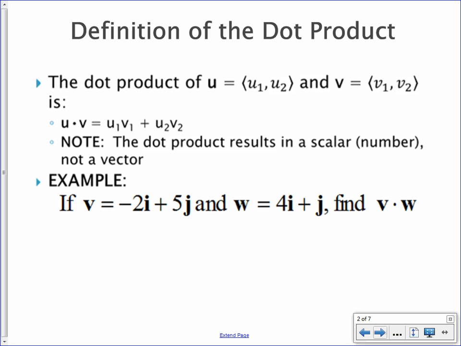We are going to use these two vectors for a couple different things, so please write them down. Vector v is negative 2i plus 5j, and vector w is 4i plus j. What do you mean?